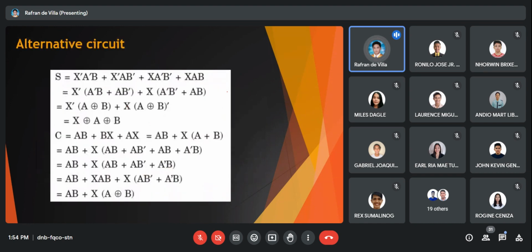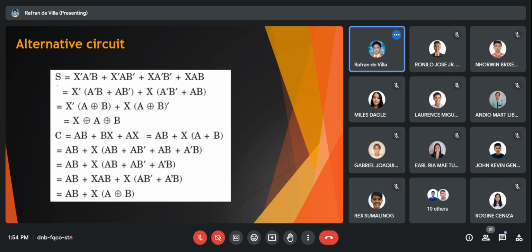So, let's try to redo the solution. As we can see here, guys, we have solved the solution once again, this time using Boolean algebra. Of course, we have seen on the K-map that the final answer could actually be solved using special gates.